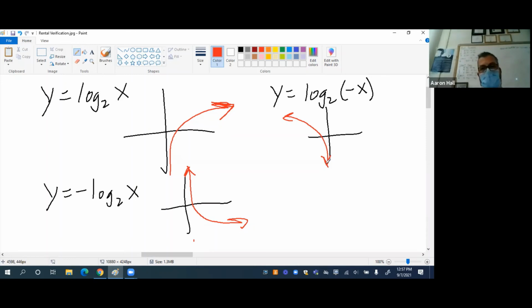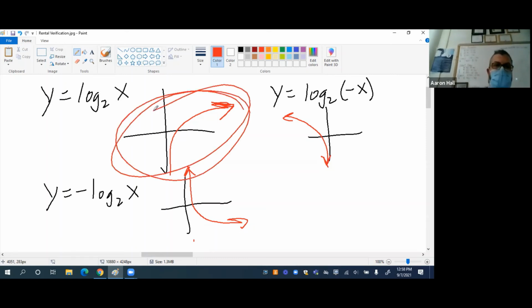How would I do a vertical shift? I want to move this parent function up, say 5 units. What's this point right here? It's (1, 0).